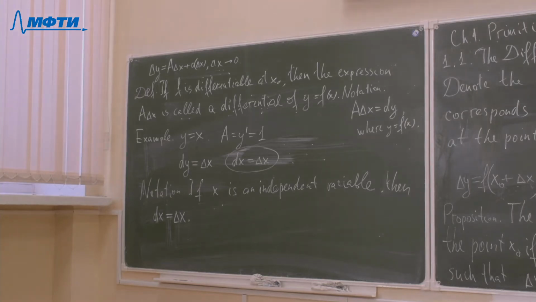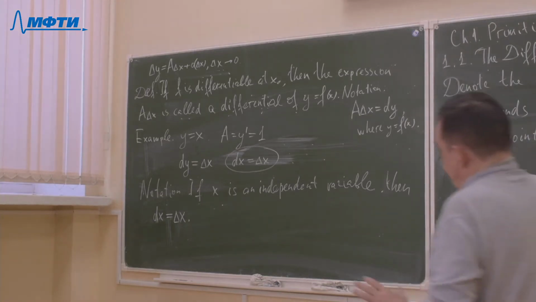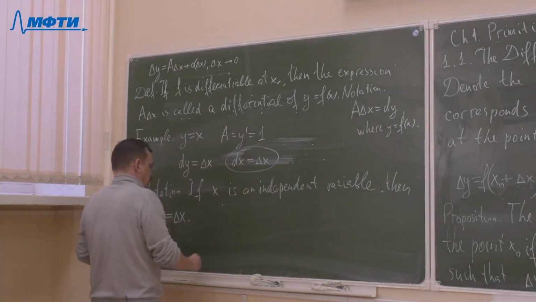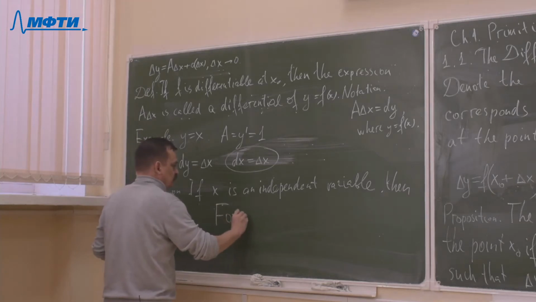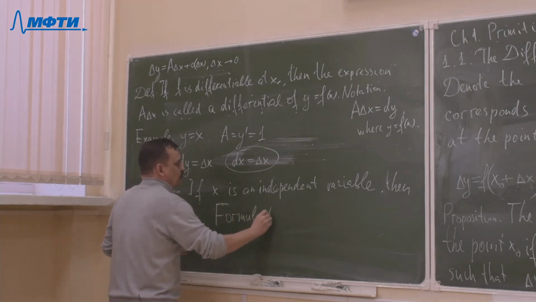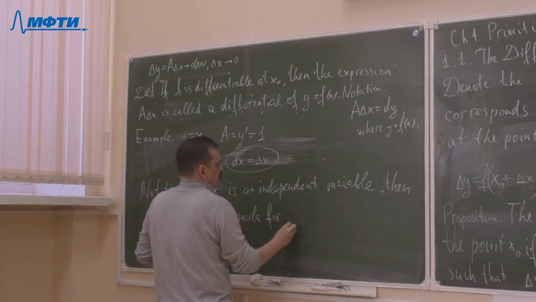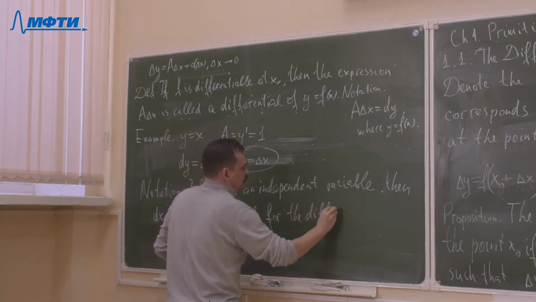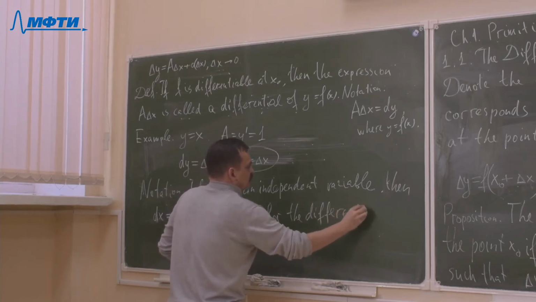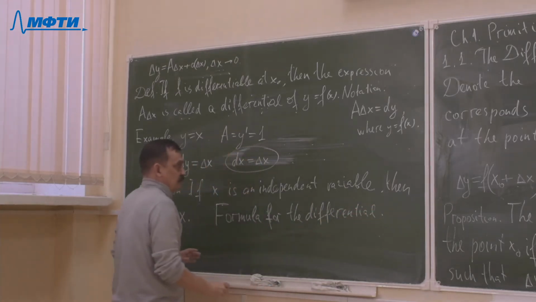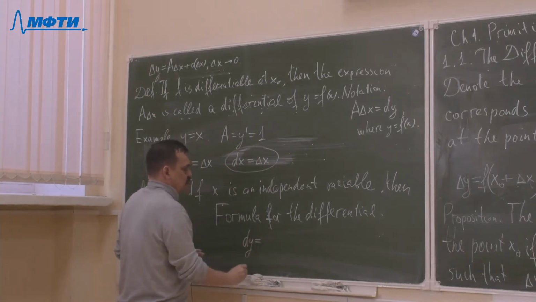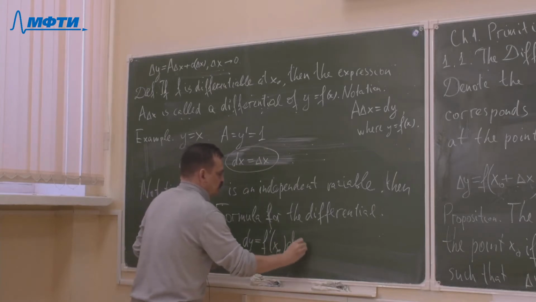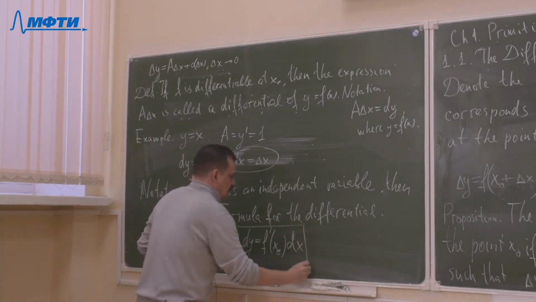So the formula for the differential will be like that: dy equals f prime at our point times dx.